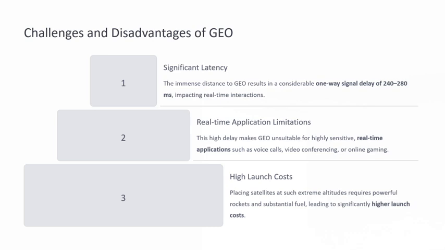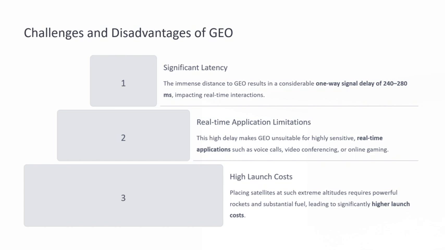What challenges, what disadvantages of GEO are we facing? First, high latency, because GEO satellites are very far away. The signal delay is around 240 to 280 milliseconds one way.